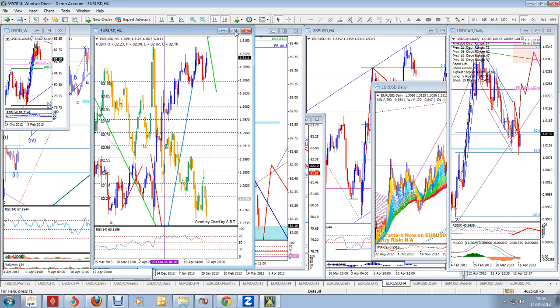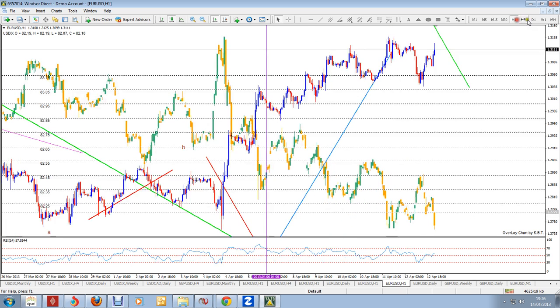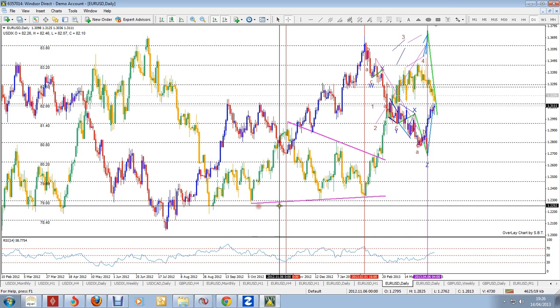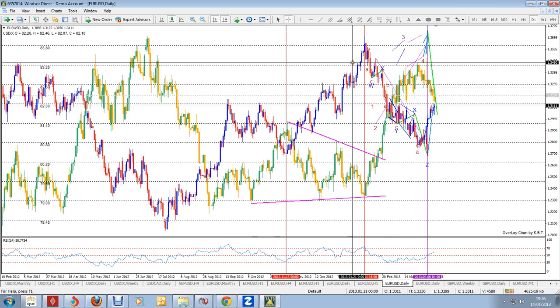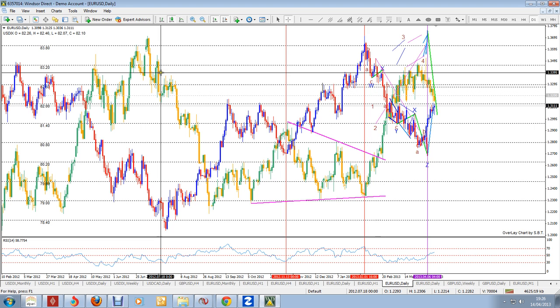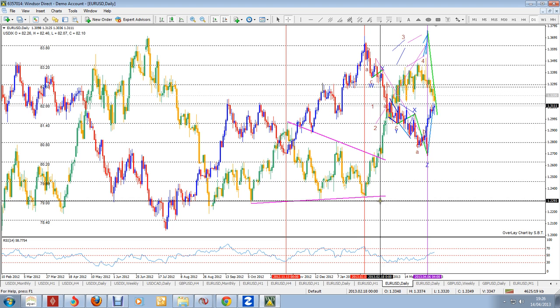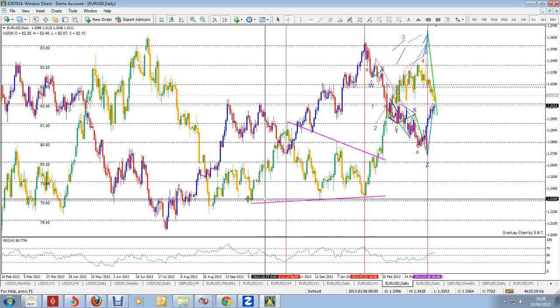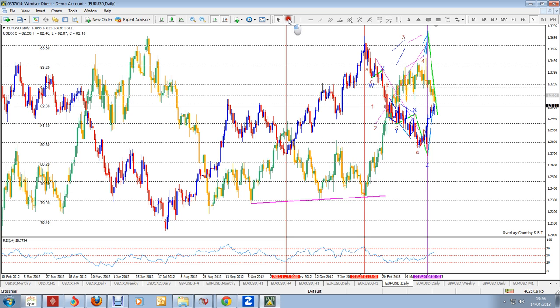Okay, this is what we're looking for, right? So we've got a lot of scribbles here, but if you just look at it, then this red and blue is the euro, and then the one in green and yellow is the dollar index. So we've just said that dollar index had ABC as a flat correction, right? Not a triangle, a flat correction, and then we had a 5 wave up. So now we should be coming down in a 5 wave sequence, or very strong impulsive wave to the downside.